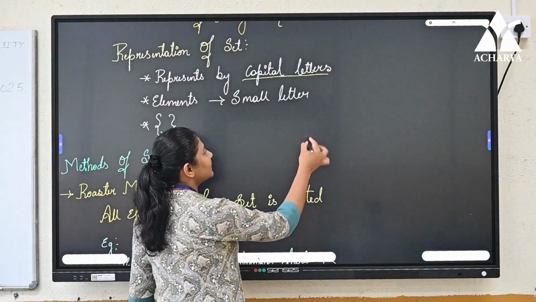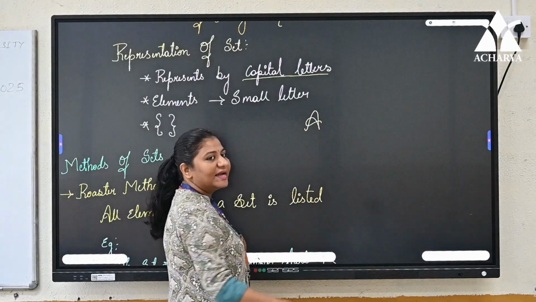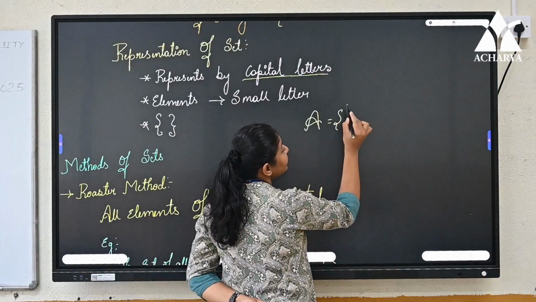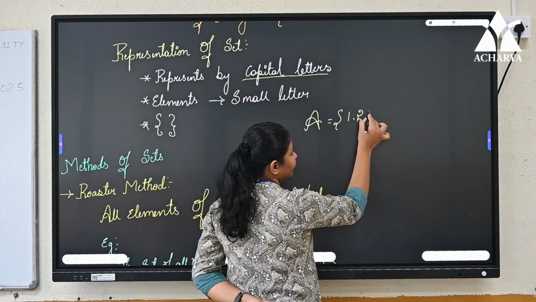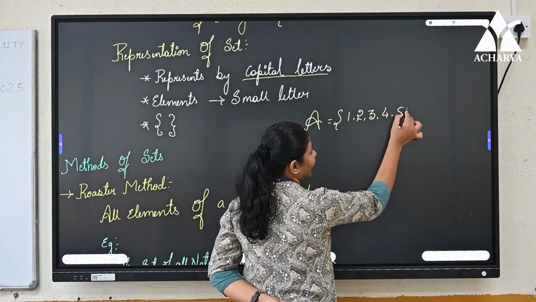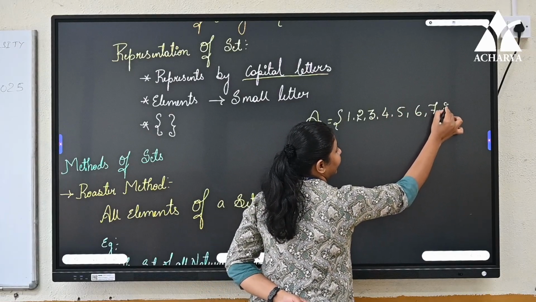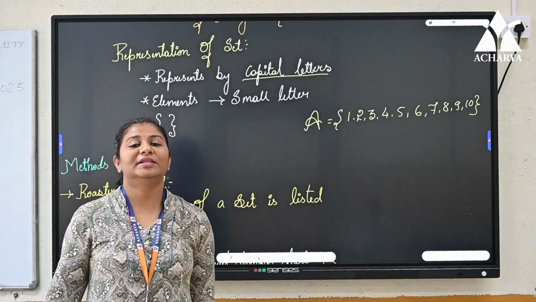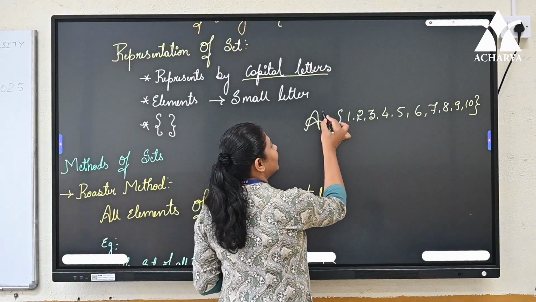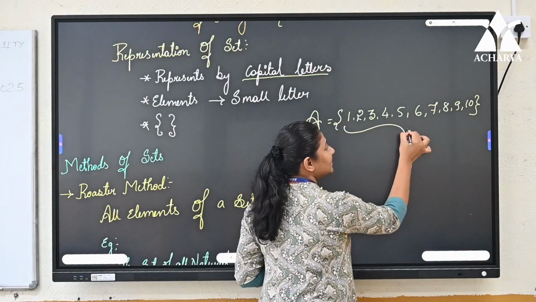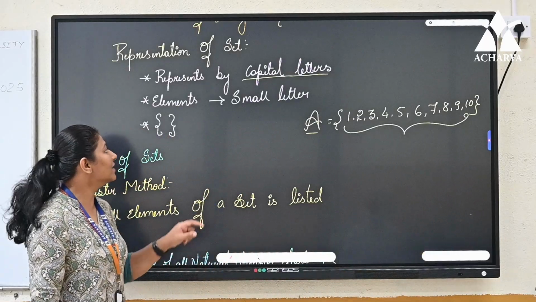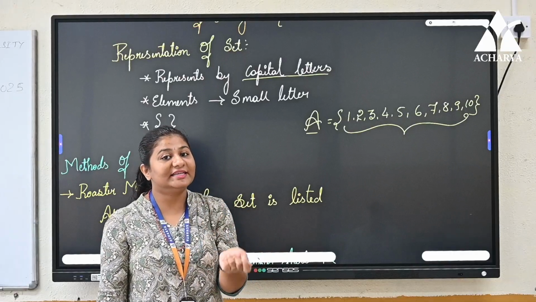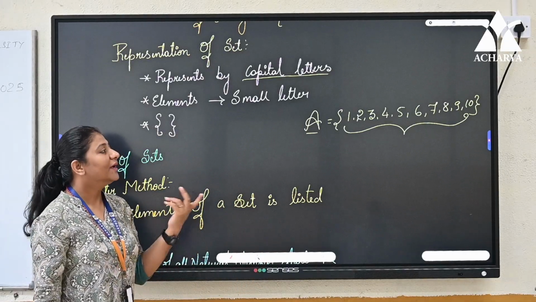For example, let A be the set containing the first 10 natural numbers, that is 1, 2, 3, 4, 5, 6, 7, 8, 9 and 10. These are the elements of the given set, and they should be in small letters. If there is a letter form, you can write it in small letters; when there is a numeric form, you can directly write it.